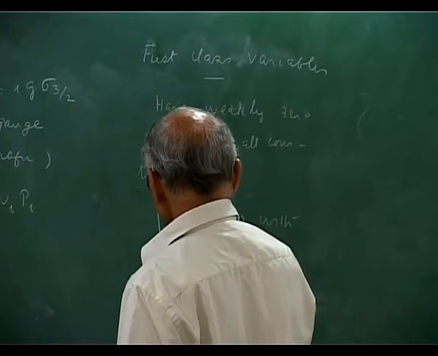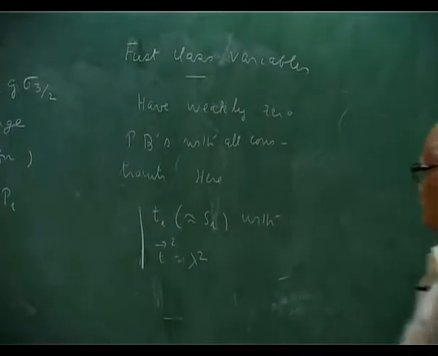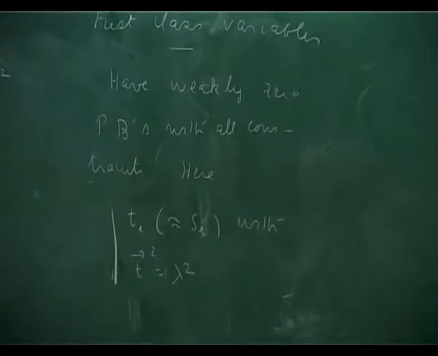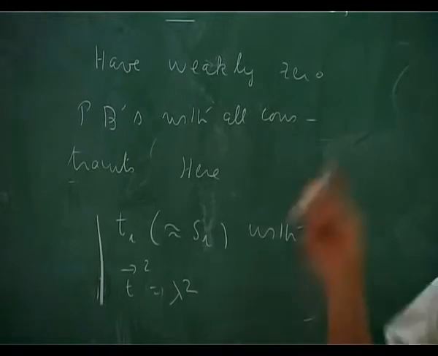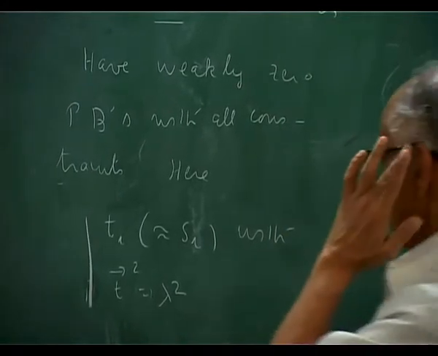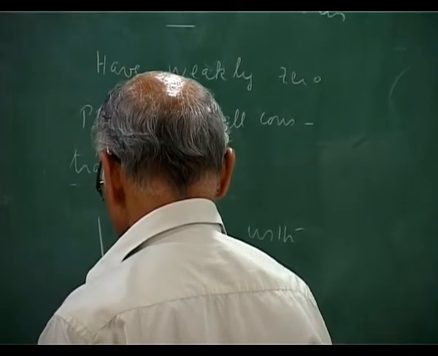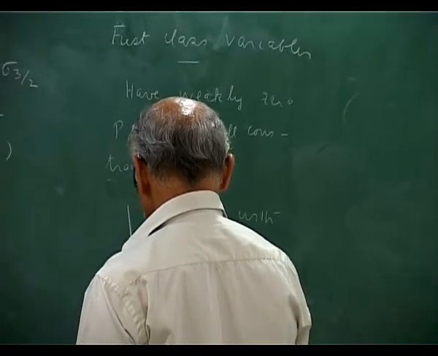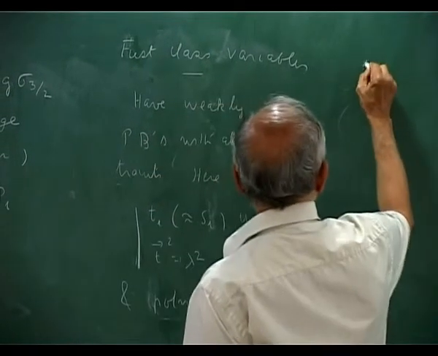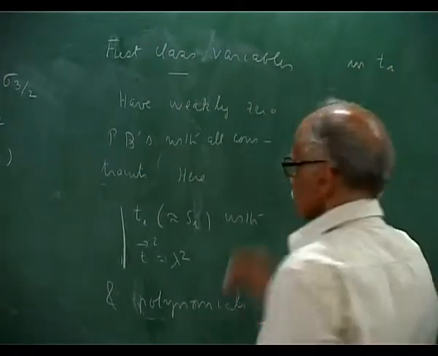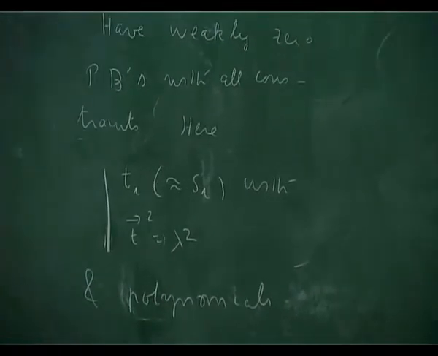So if you quantize, the T's and the polynomials thereon. I mean, once you write this, you can take all possible polynomials in T_i.